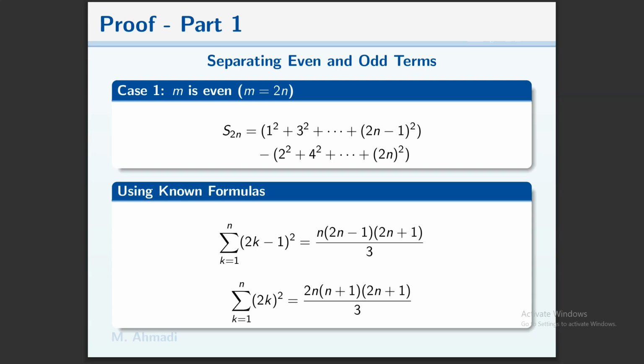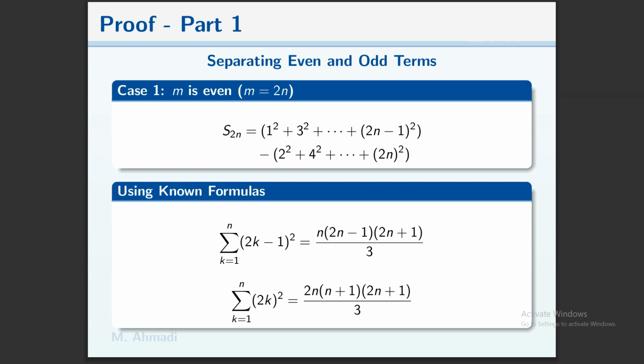S_2n equals 1 squared plus 3 squared, and so on, plus (2n minus 1) squared, minus (2 squared plus 4 squared plus so on, plus (2n) squared). Using known formulas: the sum for k from 1 to n of (2k minus 1) squared equals n multiplied by (2n minus 1) multiplied by (2n plus 1) over 3.